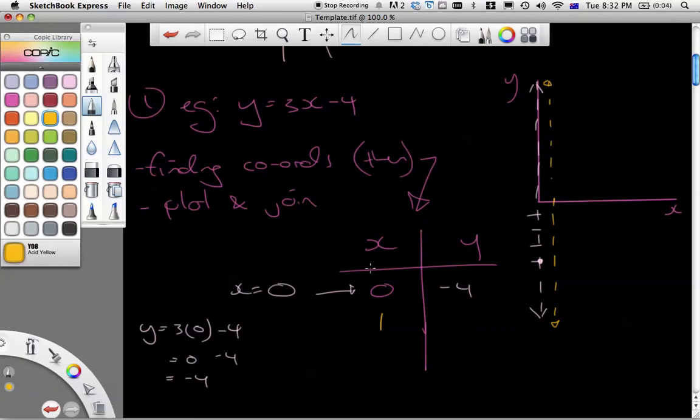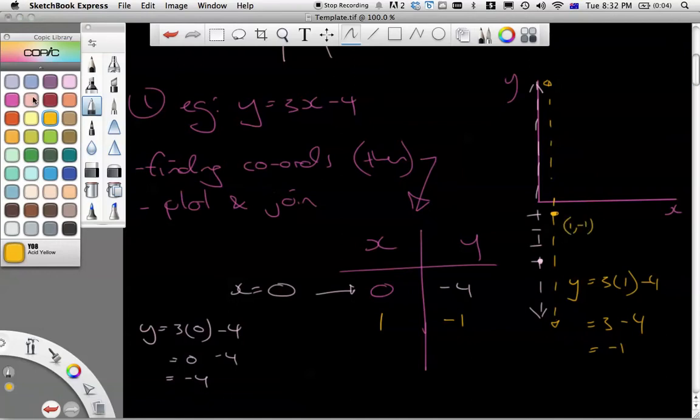And so y equals 3 times 1 minus 4, then y equals 3 take away 4, which is just negative 1. So we started off here, and now we're here at the coordinate 1, negative 1.